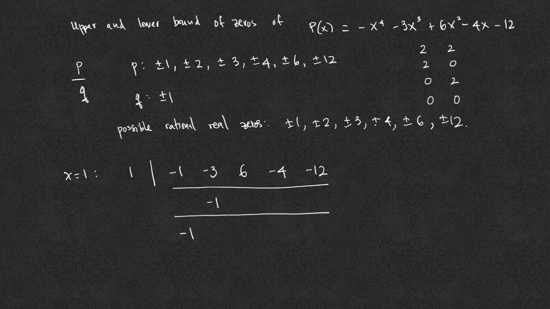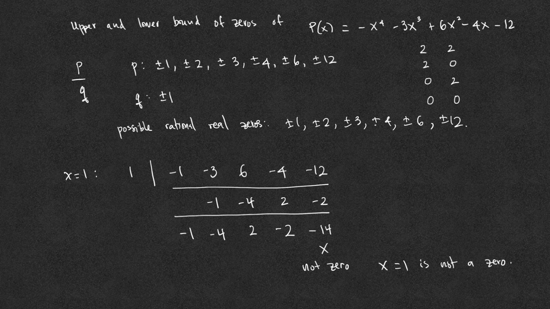Negative 3 plus negative 1 is negative 4, and then repeat. Negative 4 times k is negative 4, and then add, and then 2 times 1 is 2, negative 4 plus 2 is negative 2, negative 2 times 1 is negative 2, and then add. This is not 0. This means x equals 1 is not a real zero.